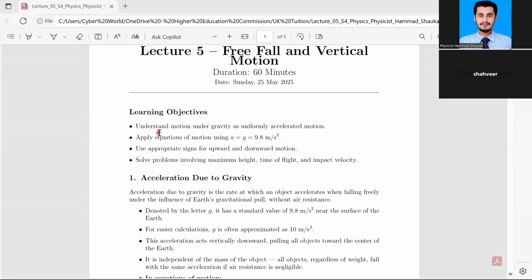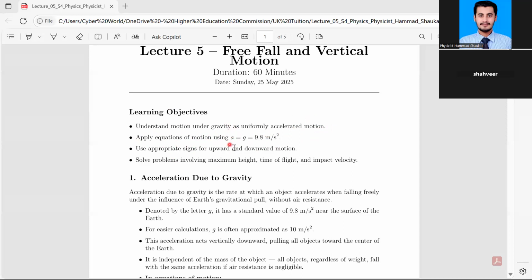Yes, whenever we are concerned with gravity, gravity attracts bodies and they move downward. We will check whether the motions are uniformly accelerated or variably accelerated. We will discuss it later, and then we will apply the equations of motion from our last lecture.